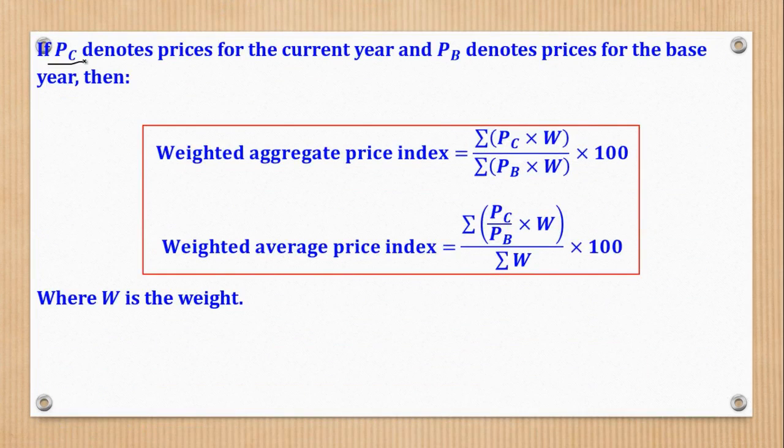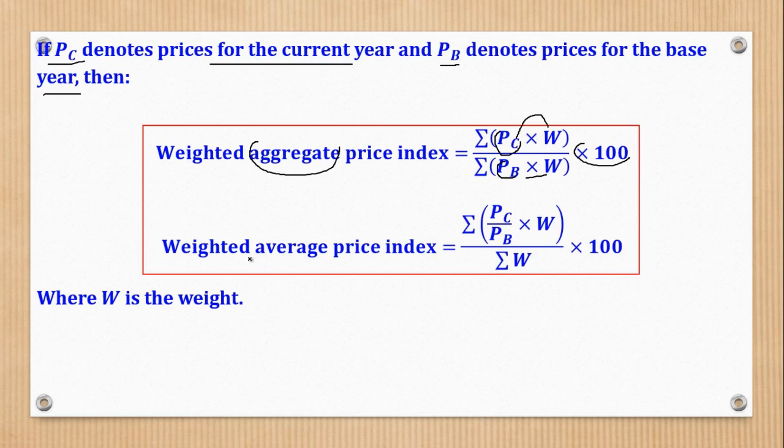So if PC denotes the prices in the current year and PB denotes the prices in the base year, the weighted aggregate price index is given by the summation of the prices in the current year multiplied by their corresponding weights, divided by the summation of the prices in the base year multiplied by their corresponding weights, and after that you multiply by 100.